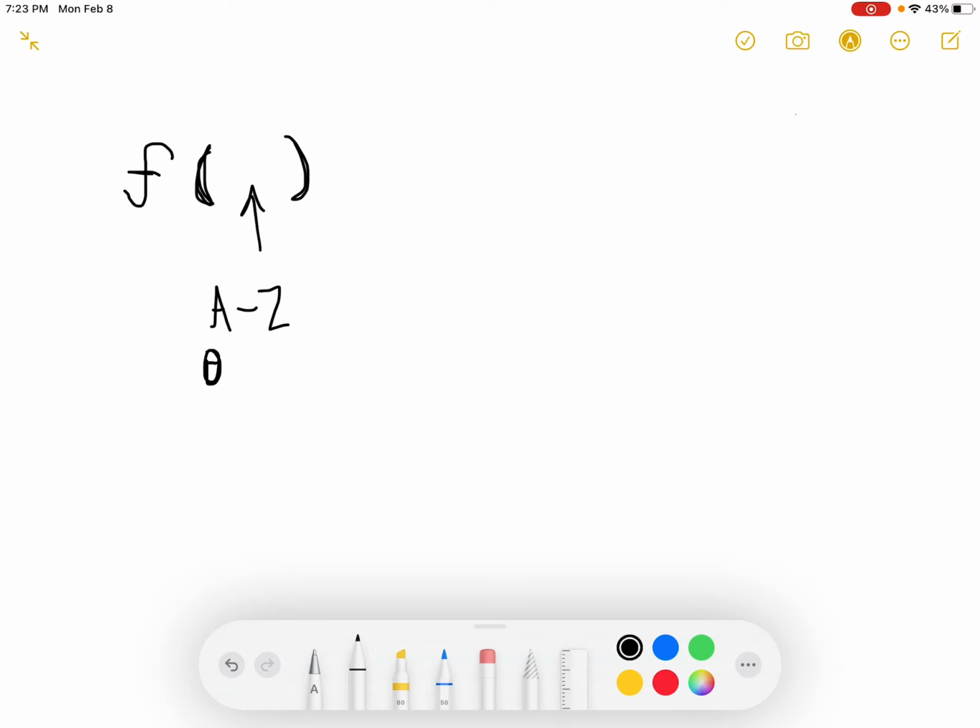You could have theta. You could have pi. You could have delta. You could even have international letters, like an AE ligature, OE ligature, or A with the dot on top, or anything like that. But that's rare. Usually you only see that.